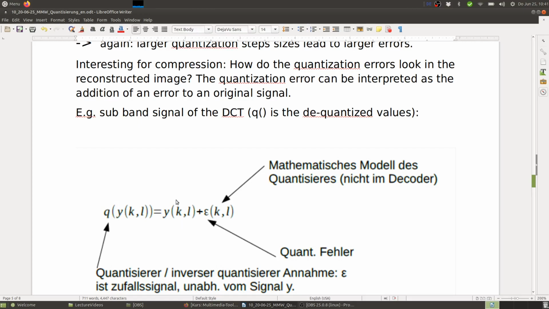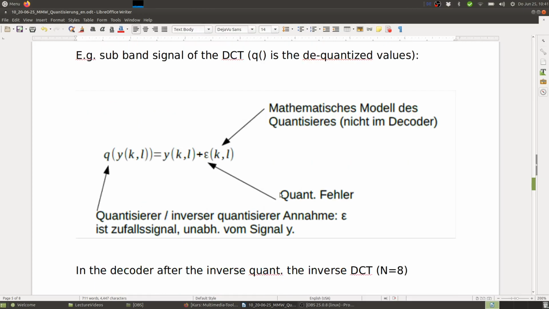So it's the original plus some error, the quantization error, epsilon, at this position. So this is a mathematical model which makes it easy to analyze, because here we simply have an addition of some error, some noise, and we assume that this noise is more or less independent of the signal, right? So that's an easy mathematical model which allows us to analyze it.